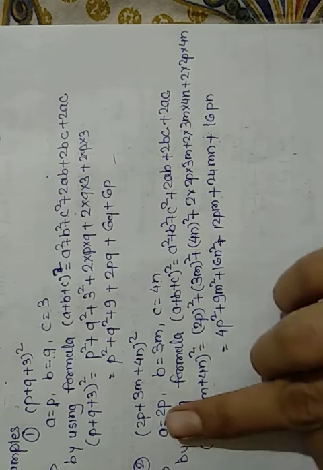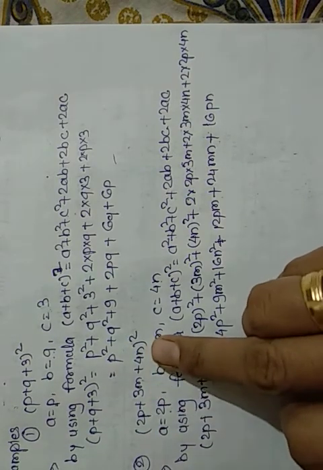This is the expansion of (2p + 3m + 4n) bracket square.